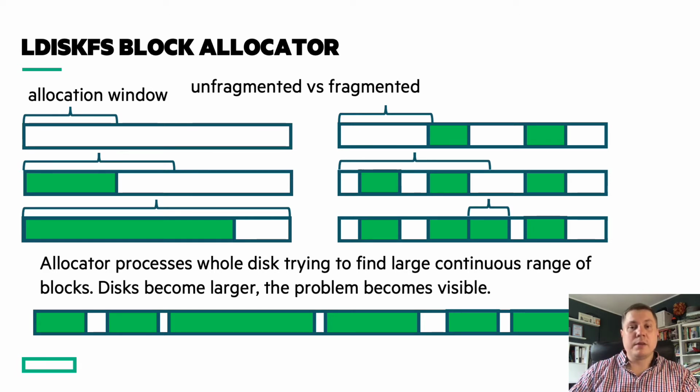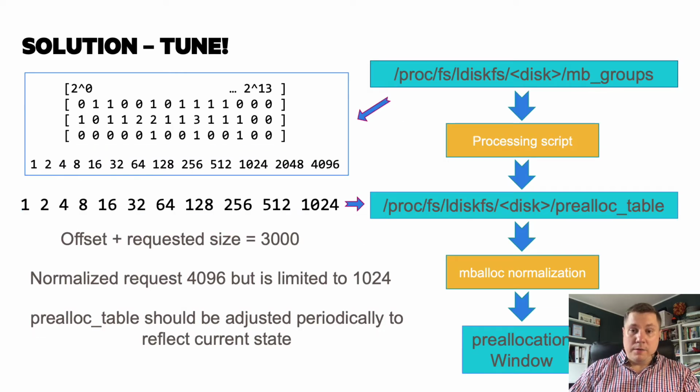But in the situation when the partition is quite fragmented, the allocator cannot find a large enough range of free blocks, and it spends a lot of time processing the whole partition from start to end, not one time, but in some cases even 4 times. Fortunately, there are some solutions.